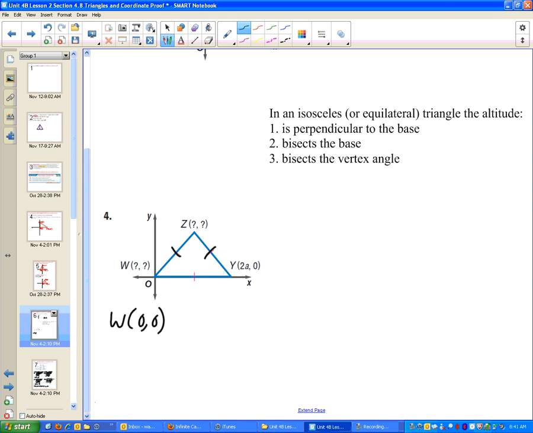Make those the legs. What does the x-coordinate of Z have to equal? Has to be A, doesn't it? Because if that's an x-coordinate of 2a and that's an x-coordinate of 0, that's got to be halfway between them, doesn't it? So, A. Is there any certain thing the y-coordinate has to be? So what are you going to call it? I'm going to call it B as well.